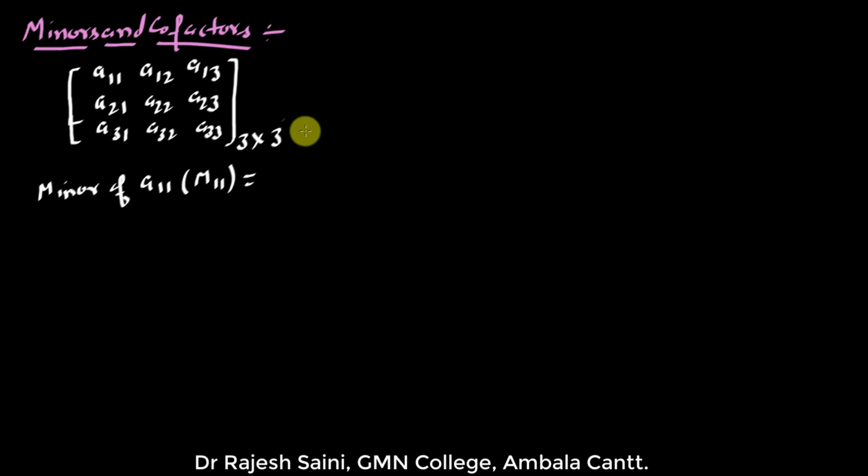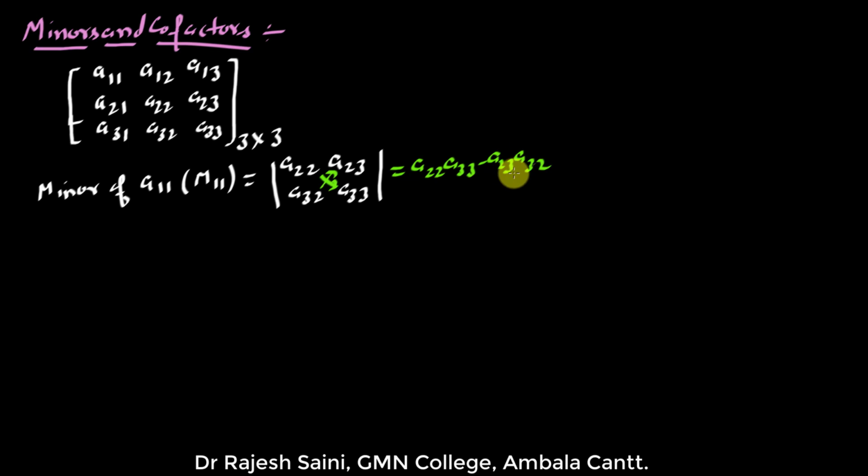The rest is A22, A23, A32, A33. So this will be the minor, and you know how to solve it. It's very easy. It will be A22 A33 minus A23 A32.